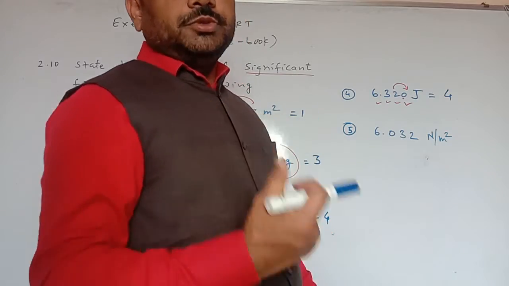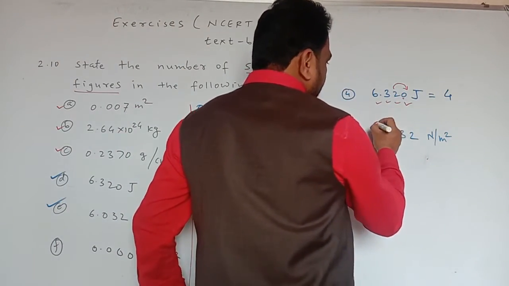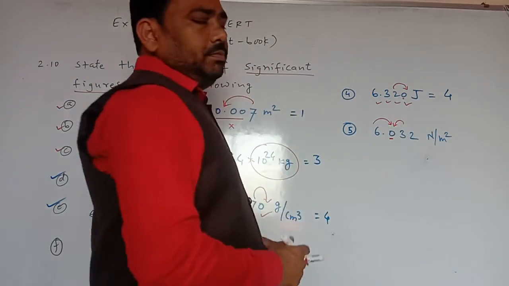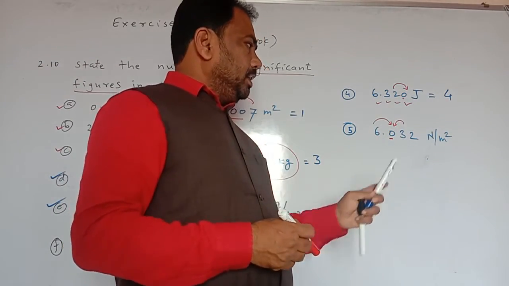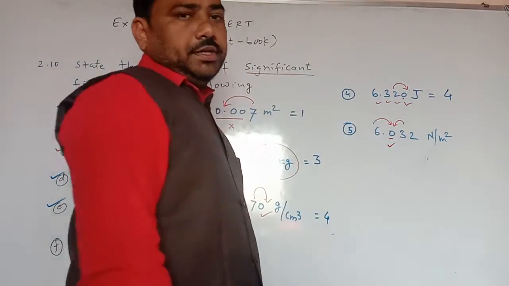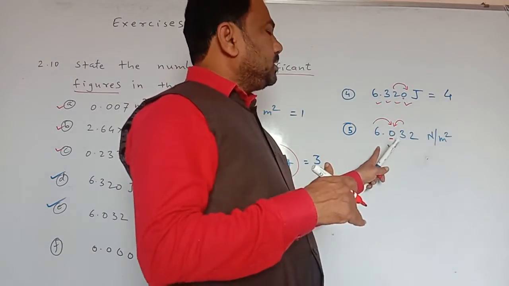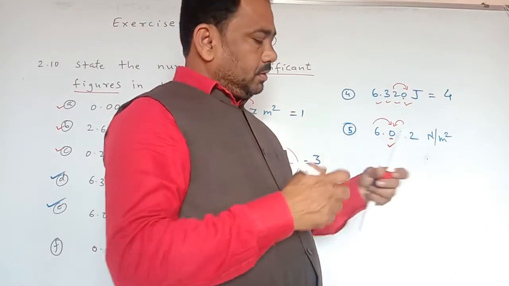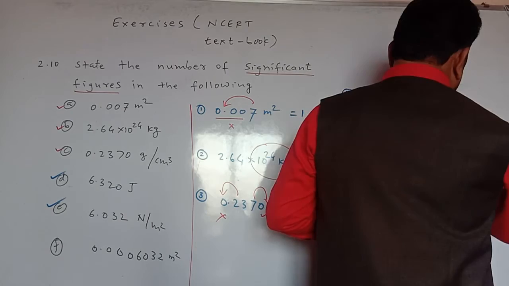What is the position of that 0? This 0 is present between two non-zero digits, between 6 and 3. Therefore this 0 is also a significant figure. Including this 0, there are 1, 2, 3, 4. So the answer is 4 significant figures.